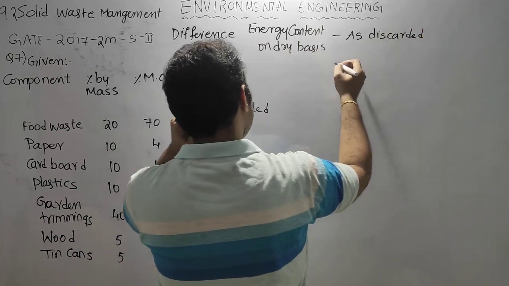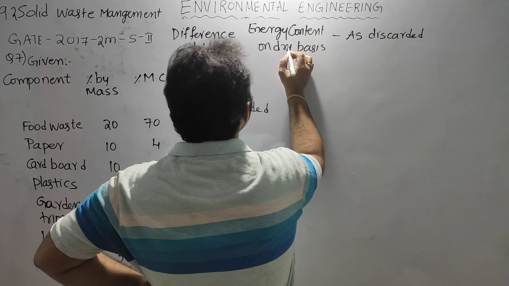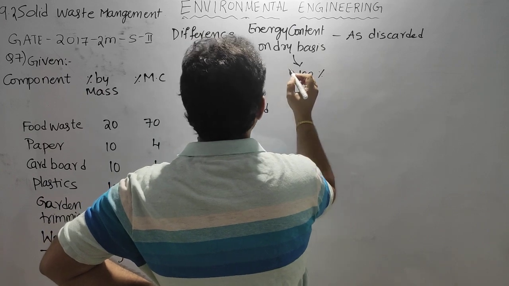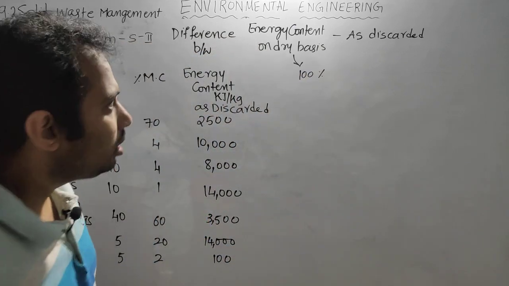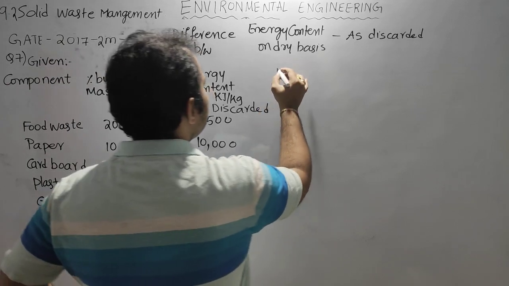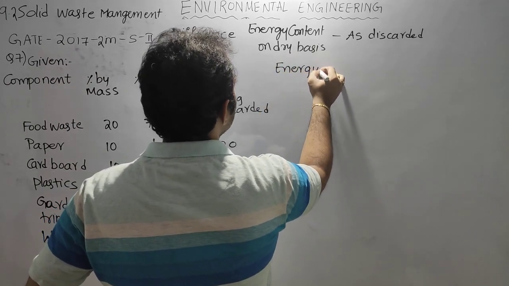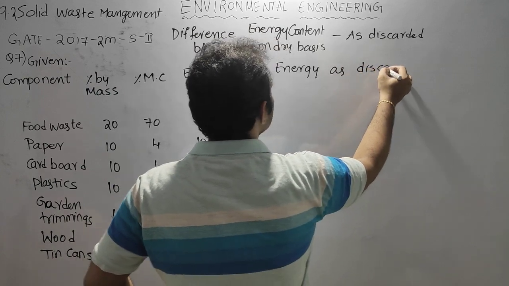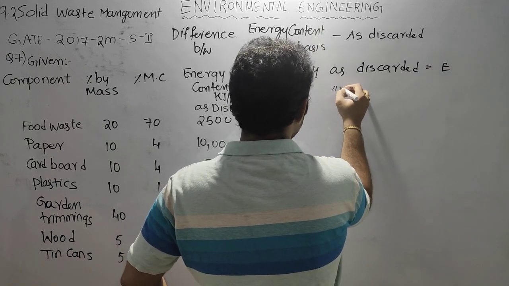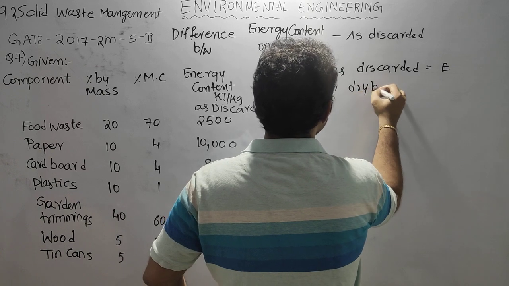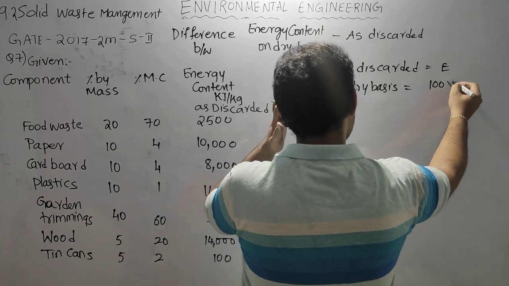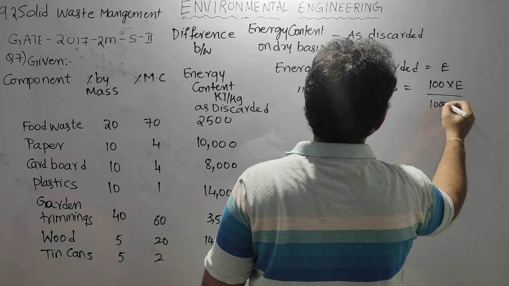If the energy as discarded is E, then energy on dry basis is nothing but 100 into E by 100 minus moisture content.